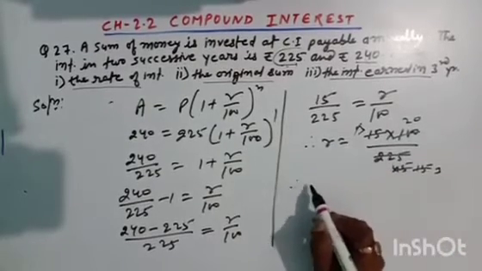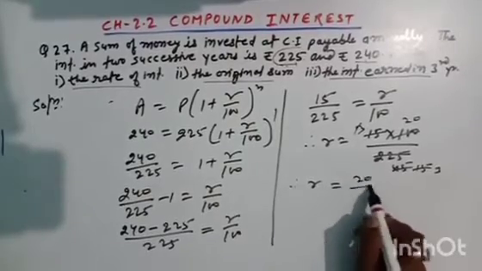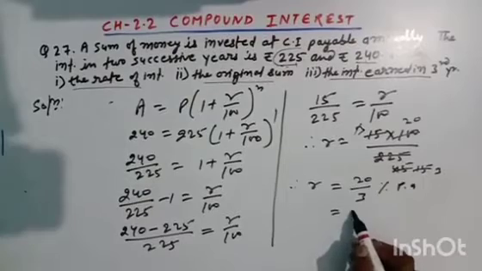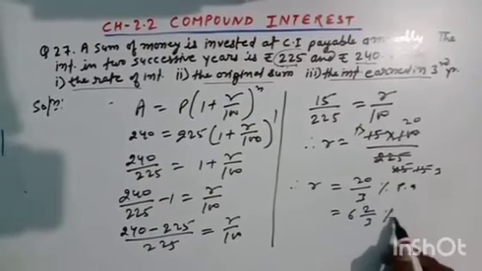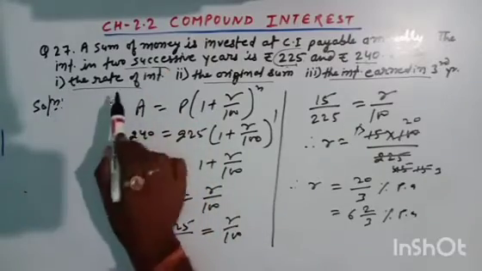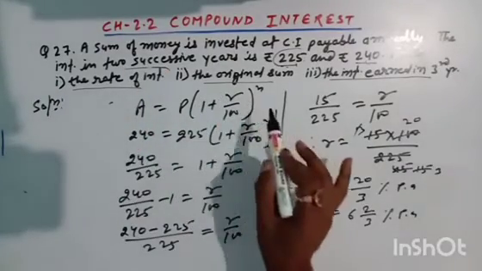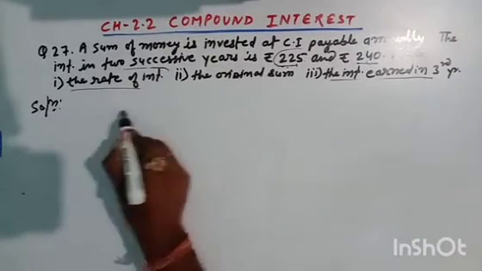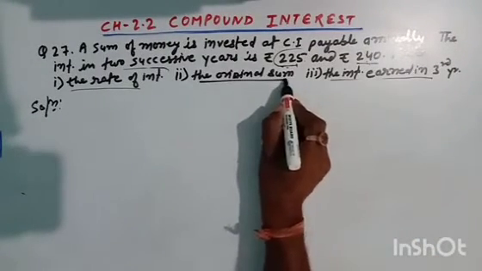So finally the rate of interest will be 20 by 3 percent per annum, or you can write 6 whole 2 by 3 percent per annum. This is the first sub-part, the rate of interest. Next is the original sum.